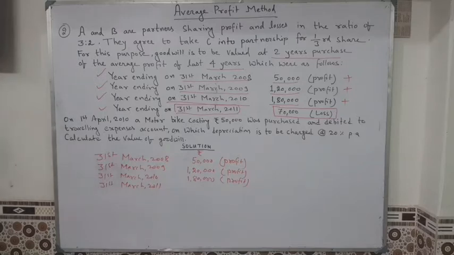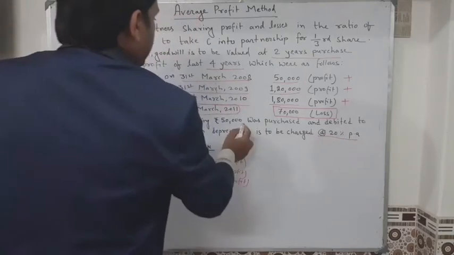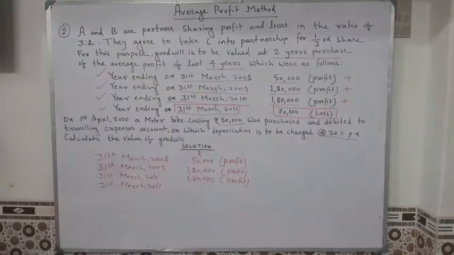Depreciation on motorbike, 10,000, 20% of 50,000, was not charged to the profit and loss account of 2011.